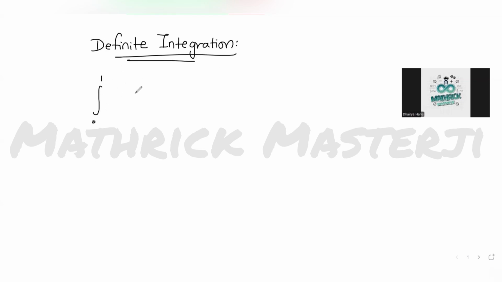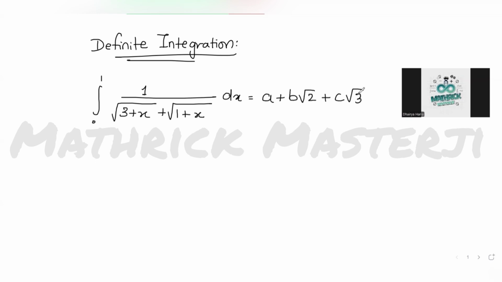Let's see today's question. Today's question we are taking up from the topic of definite integration. The question tells us that the integral from 0 to 1 of 1 over square root of 3 plus x plus square root of 1 plus x dx is equal to a plus b root 2 plus c root 3, where a, b, c are rational numbers.